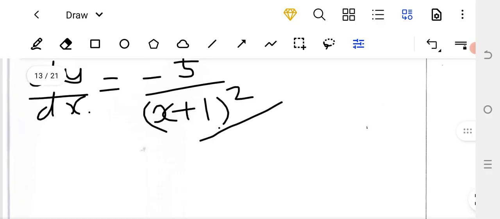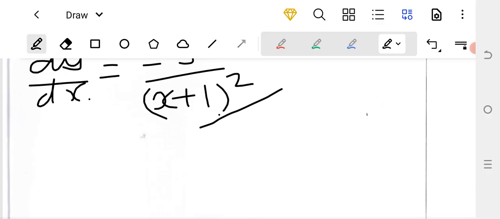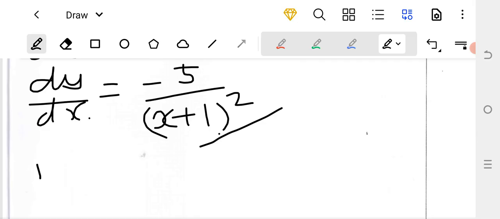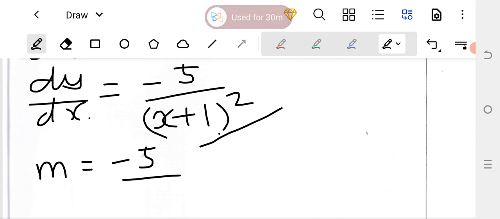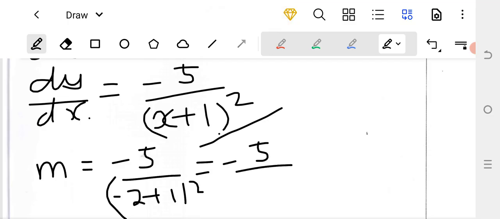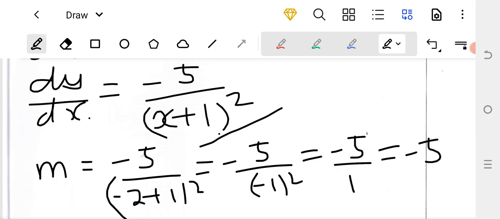So m, our gradient, is equal to -5 divided by (-2 plus 1) squared, which is -5 divided by (-1) squared, which is -5 divided by +1, so it's going to be equal to -5.